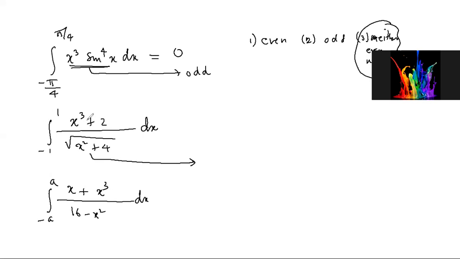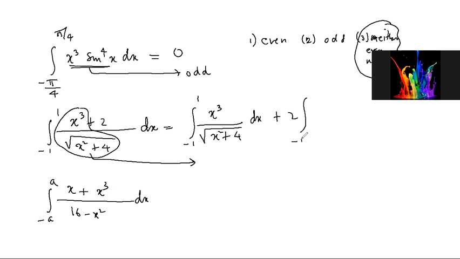So if you look at this function, if I take only x cube as numerator, what kind of function will this be? Odd. When I take 2, what will happen? Even. So you will split this as integral minus 1 to 1 x cube upon root of x square plus 4 dx, plus 2 times integral minus 1 to 1 upon root x square plus 4 dx.